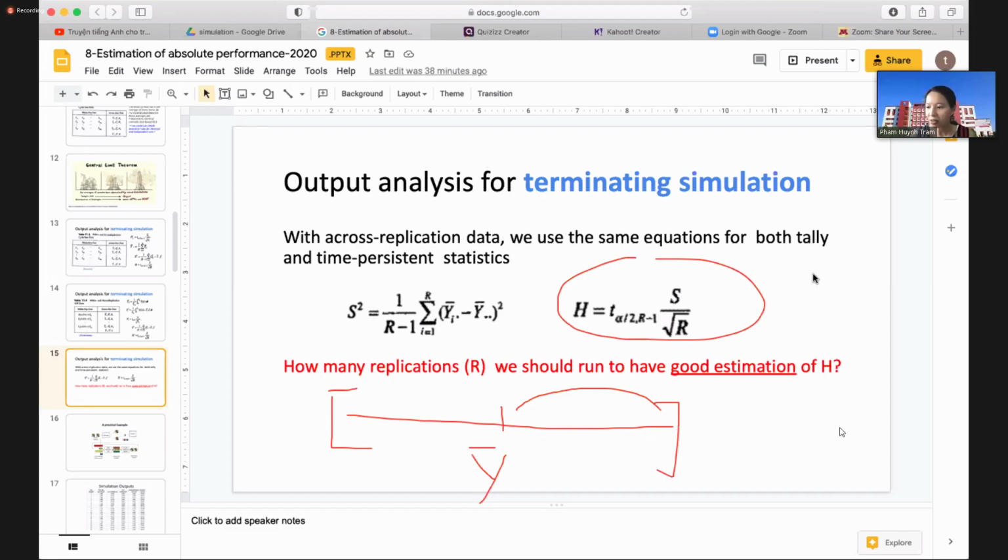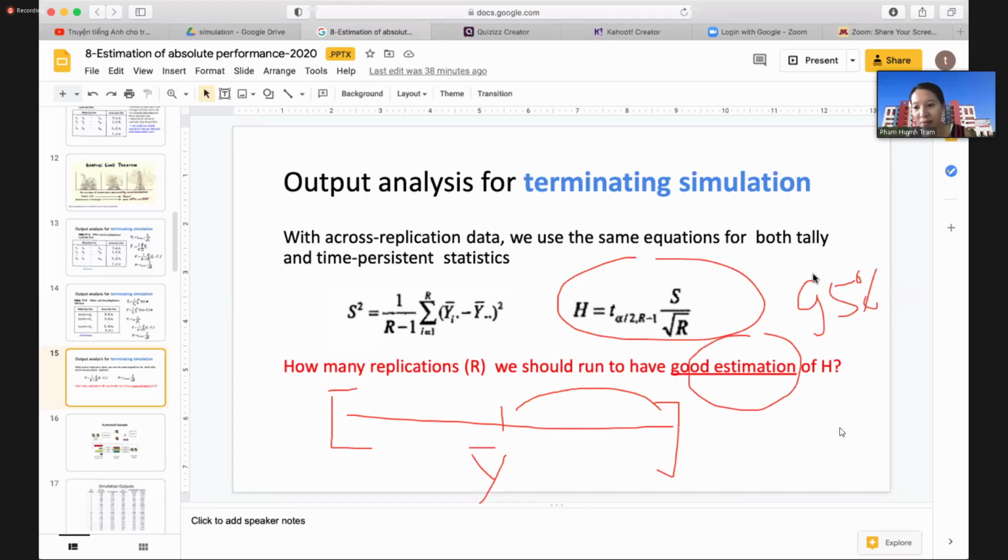A good estimation of our confidence interval means our certainty level, our confidence level, should be very high. We usually use a 95% confidence level, right?